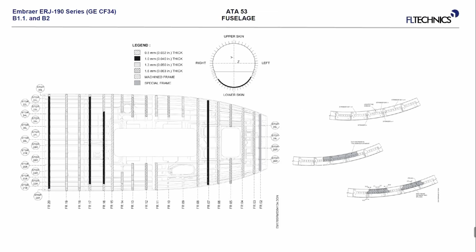The structural repair manual cannot give you a standard repair for all the frames, because on different locations we have different frames, different shapes, different types: machined frames, C-shape frames, U-form frames. It's not possible for the manufacturer, Embraer, to give you a general repair for individual damages.